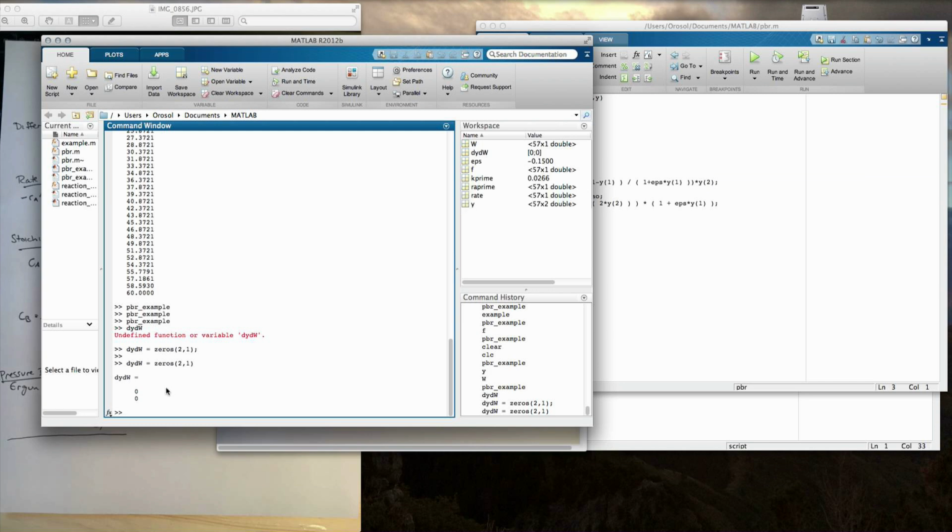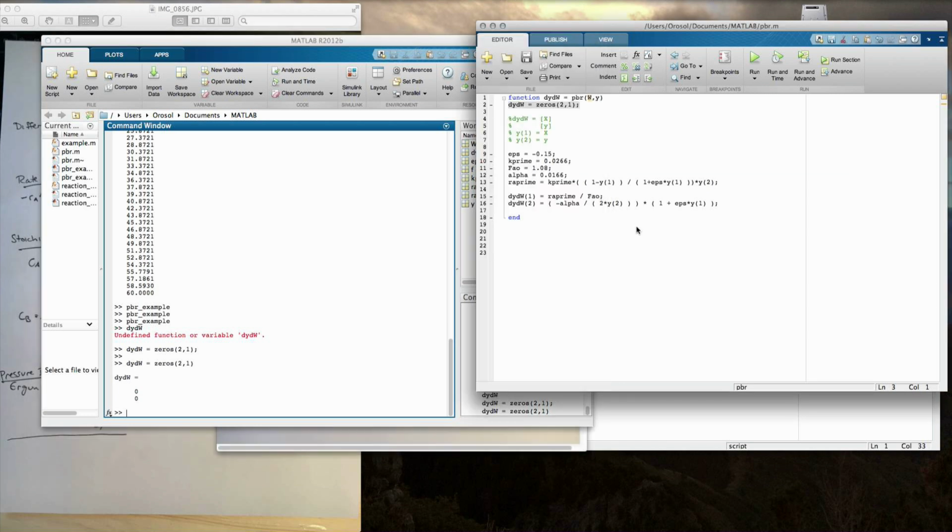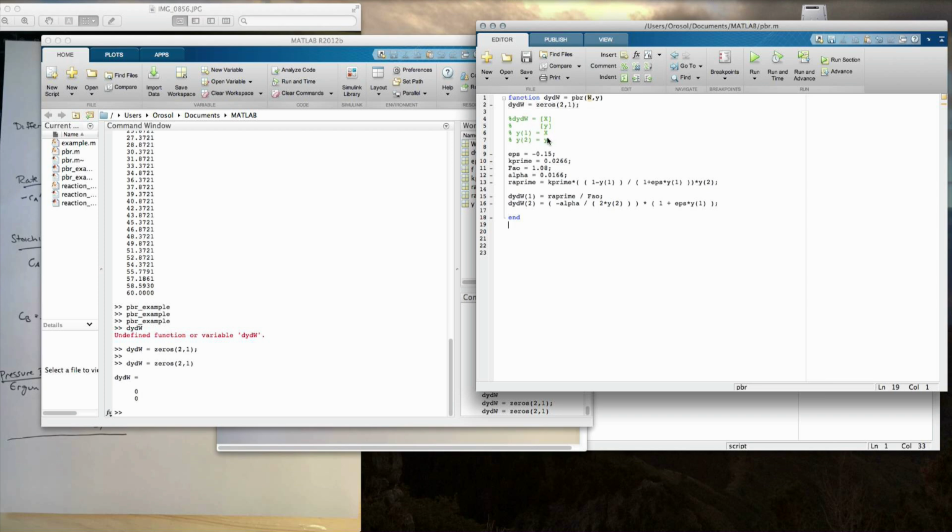All right, so this is a vector with 2 rows and 1 column. And so this will be used, this is our 2 dependent variables. So the first one is y1, so x is equal to y1, and y, which is the pressure drop, is y2.